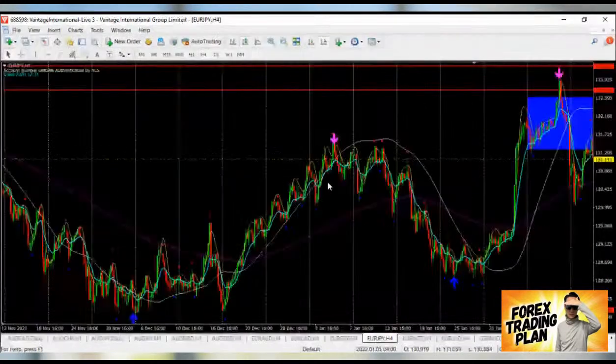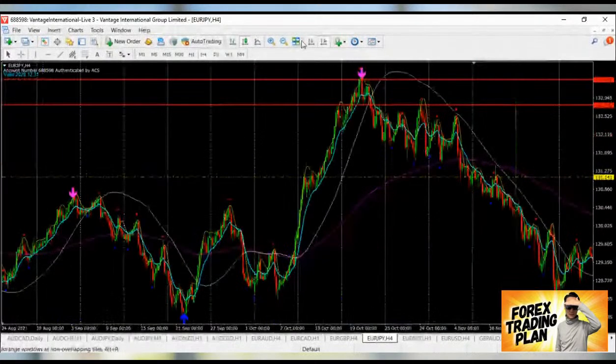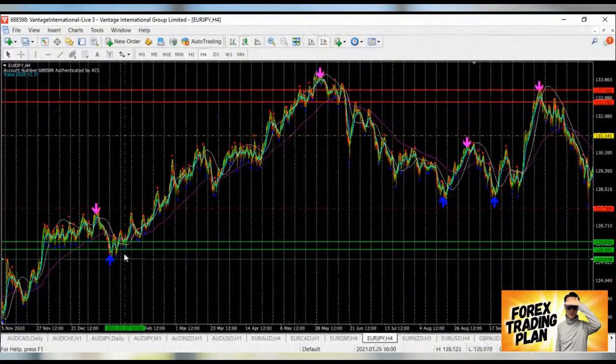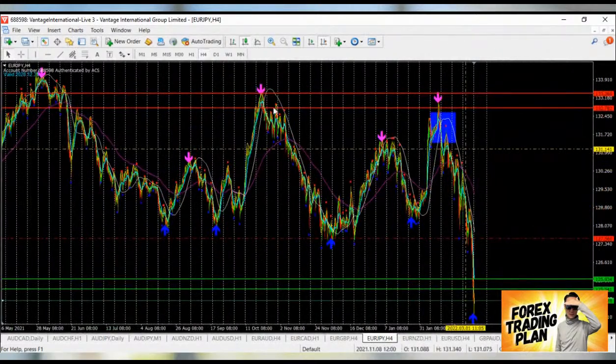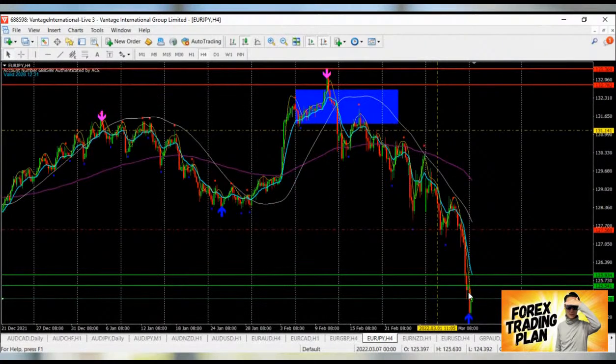Let me move it back, and let's bring it down to save time. As you can see, the previous resistance has broken and become the support here. It was tested once, tested twice until now, then tested once again and broken, and this is a sign of a lower resistance.